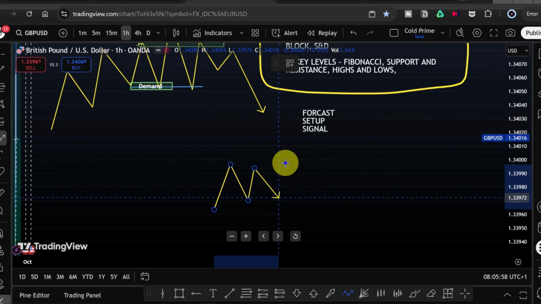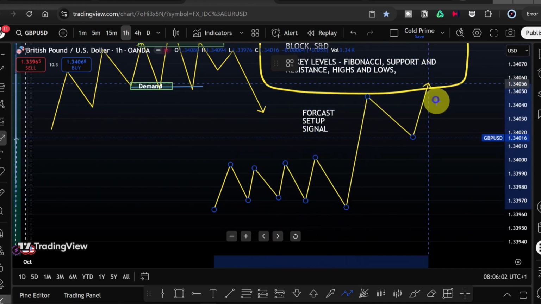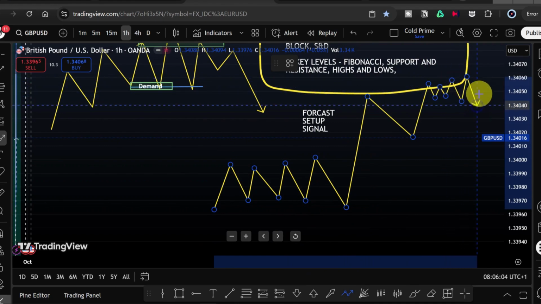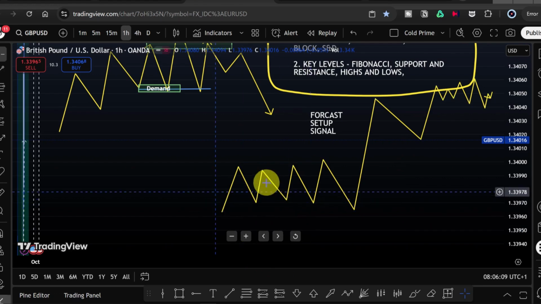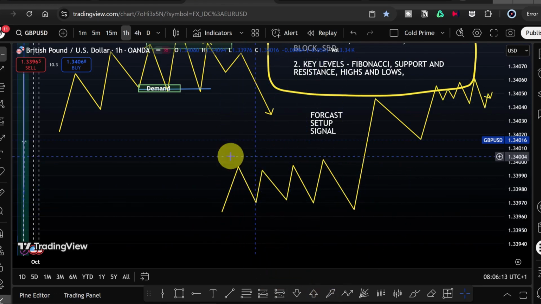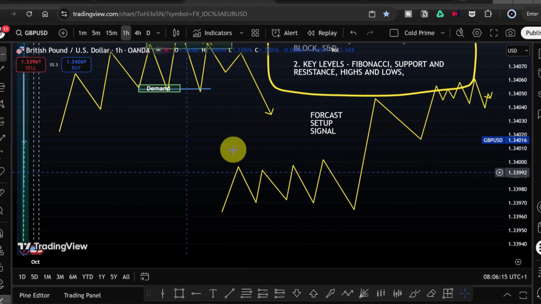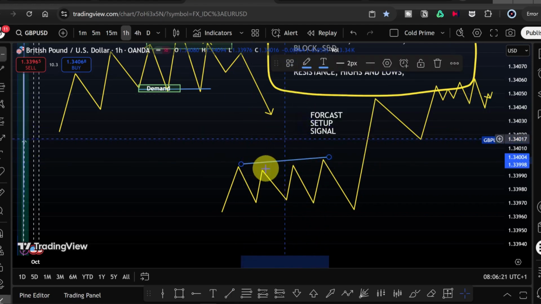So let's say you trade accumulation. So let's say you trade Wyckoff theory, right? So their liquidity is sitting above these highs here. The liquidity is sitting above these highs.